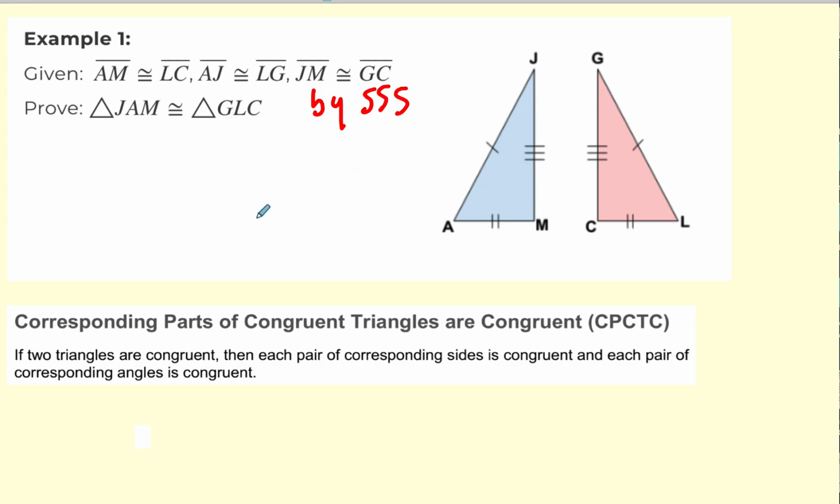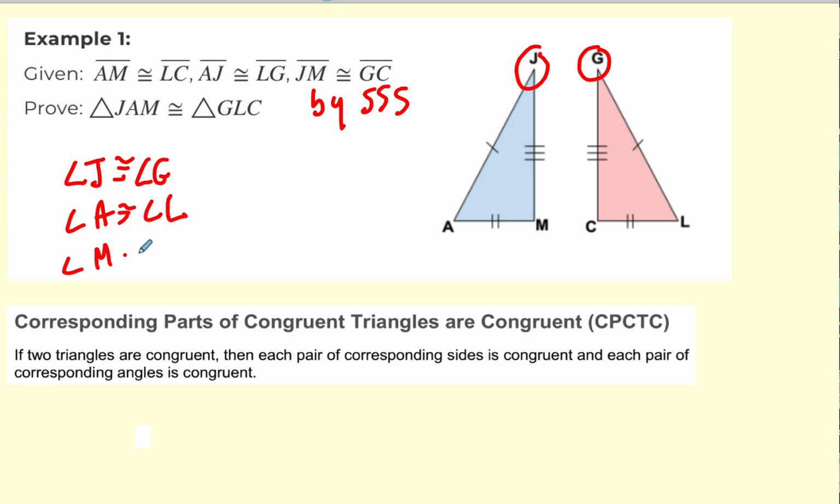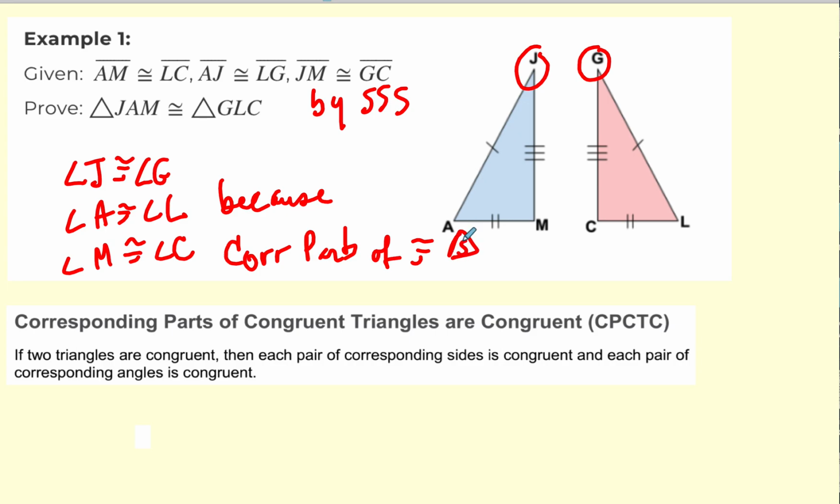Now, knowing that the triangles are congruent, I can say angle J is congruent to angle G, angle A will be congruent to angle L, and angle M is congruent to angle C. That's because these are corresponding parts of the congruent triangles, and we know that they will be congruent.